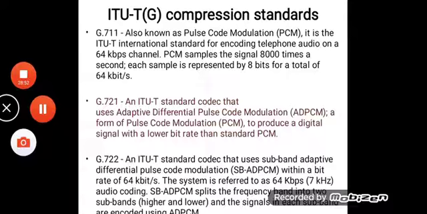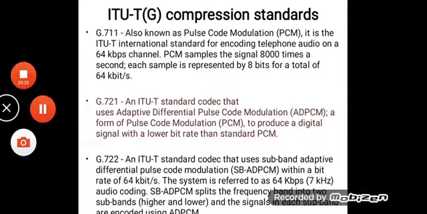The next standard suggested by ITU-T is G.721, which goes with PCM only, but an advanced kind of PCM, adaptive differential pulse code modulation. Now obviously, with plain PCM we could not get higher compression levels. So we go for ADPCM, where we find the differential values of the signal which we code.